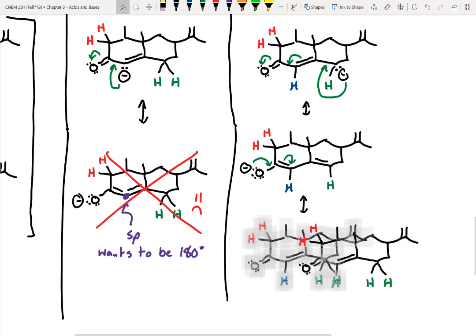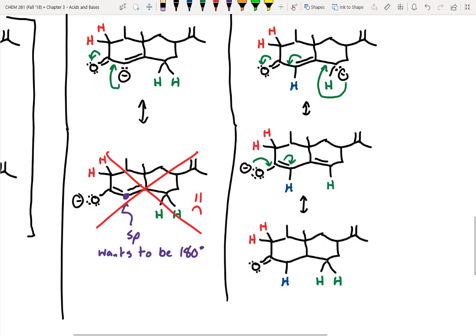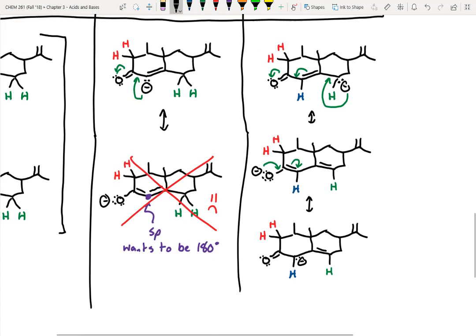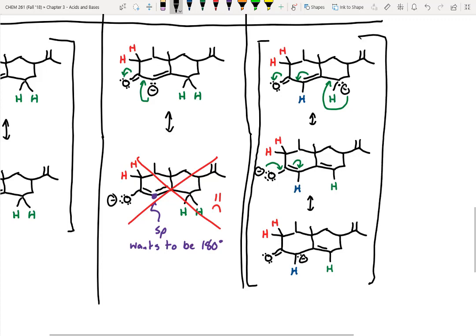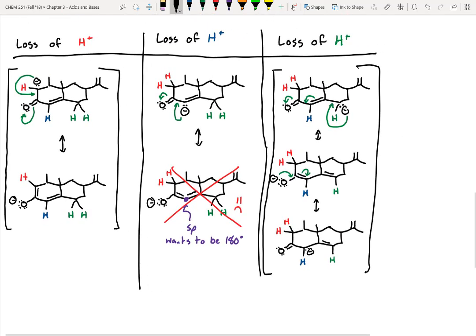So let me go ahead and draw this in. Okay, if we do that, this pi bond's still in its same spot, and we have a negative charge right there. All right. So now we've got, I think, all possible conjugate bases with all possible resonance structures drawn.